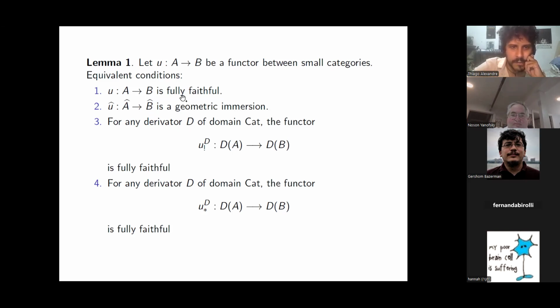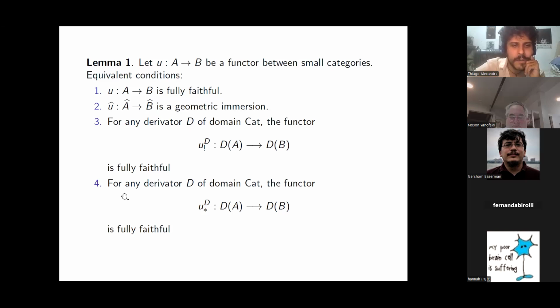This functor is fully faithful. The geometric morphism induced between the respective toposes of presheaves is a geometric immersion. For any derivator D of the domain category, the homotopical left Kan extension with respect to D is fully faithful.